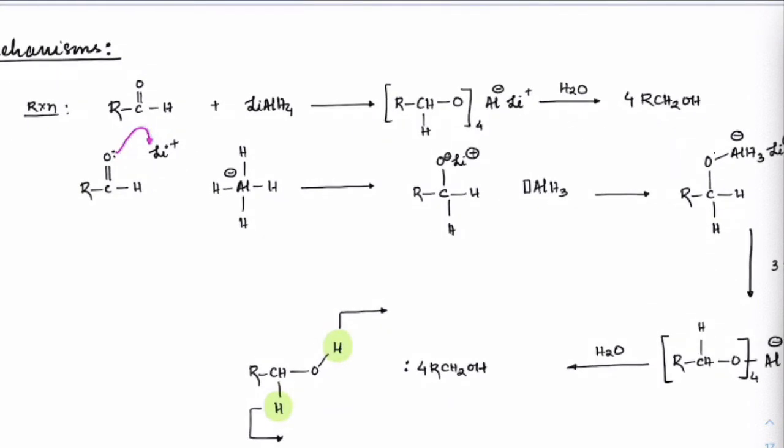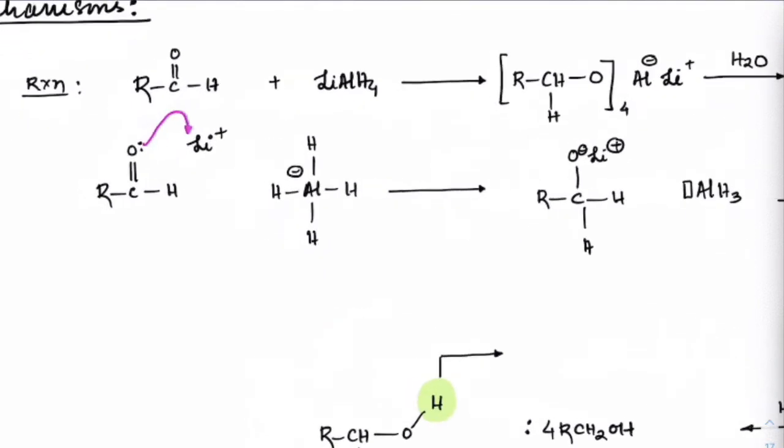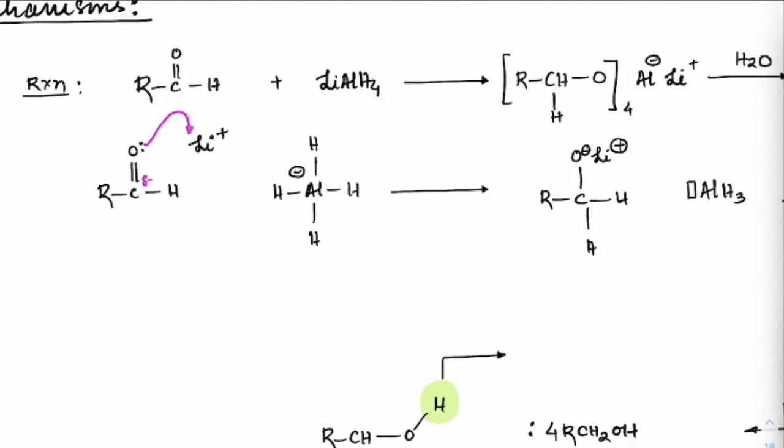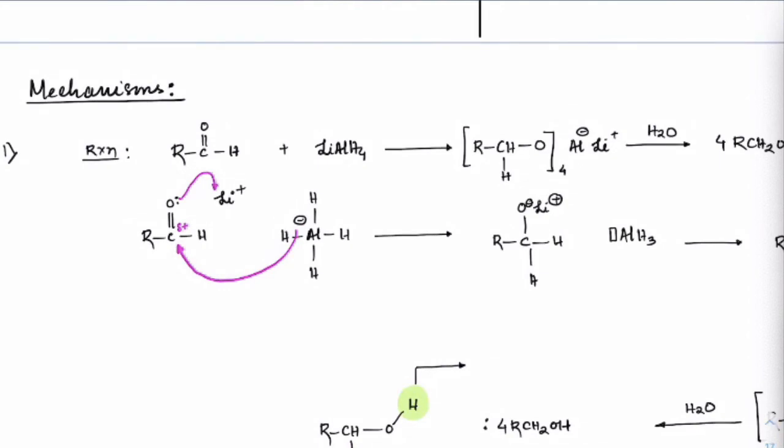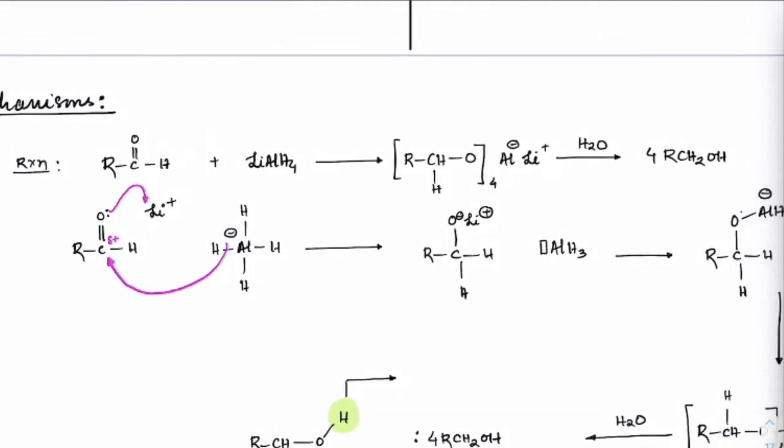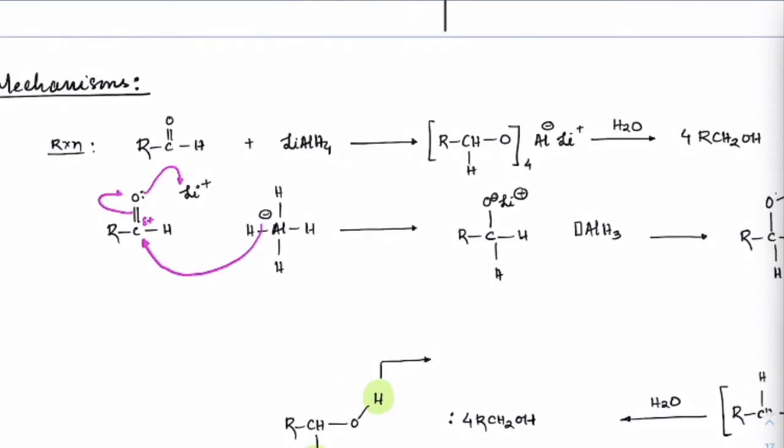As soon as that is done, the electrophilicity of this carbon increases. As electrophilicity increases, this hydride will break and attack the carbon. As soon as that breaks, this pi bond will shift onto oxygen and a new carbon hydrogen bond has been formed. This carbon oxygen single bond is intact. So O minus lithium plus has been formed.